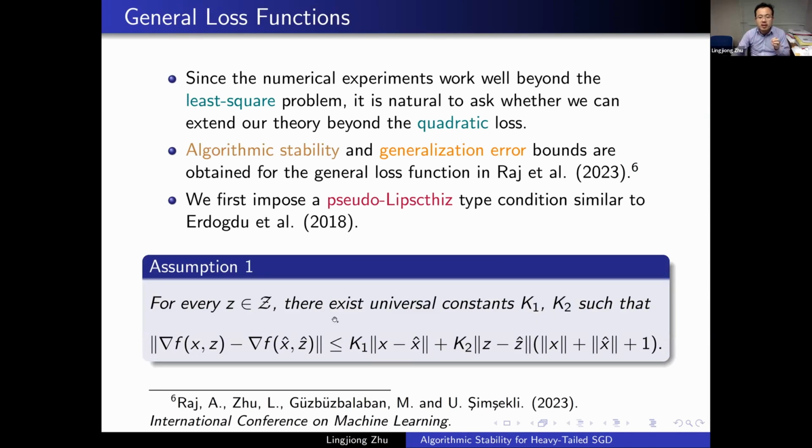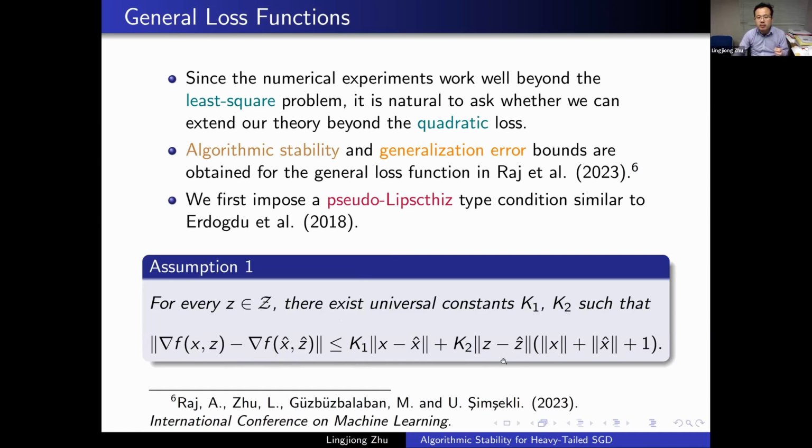First we impose a pseudo-Lipschitz type condition, which is commonly used, for example in Aidin's paper and Murat's paper. Basically we assume that there exist universal constants K1, K2, such that it's not only Lipschitz in the parameter x, so if x is close to x hat they are close, but also in z, the data point: if z is close to z hat, then you also have closeness.